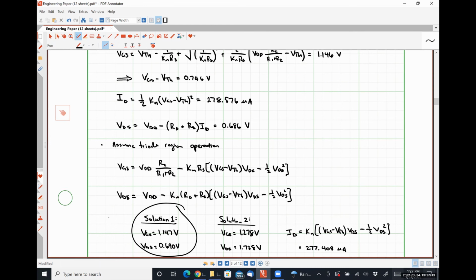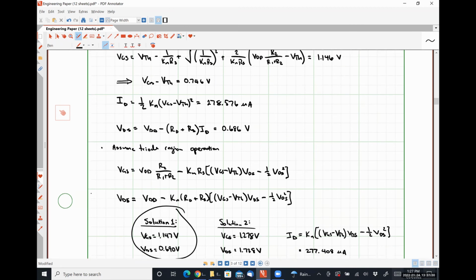Why are the values equal? Like VGS is 1.147 in the saturated region, 1.147.